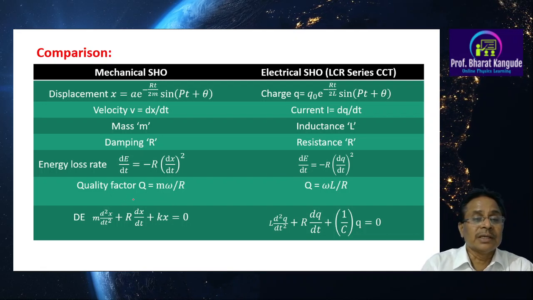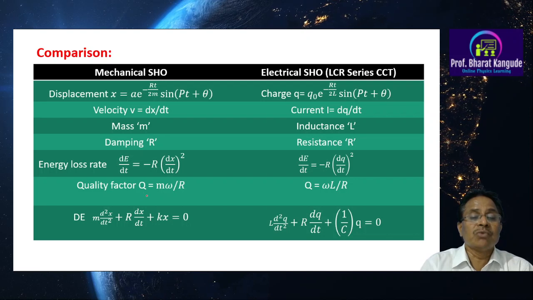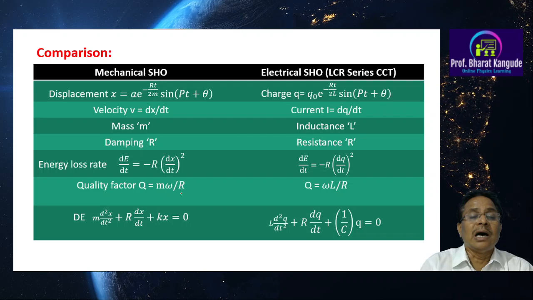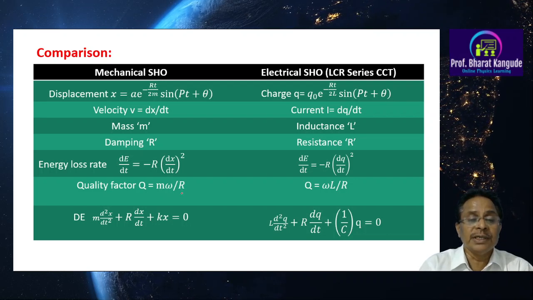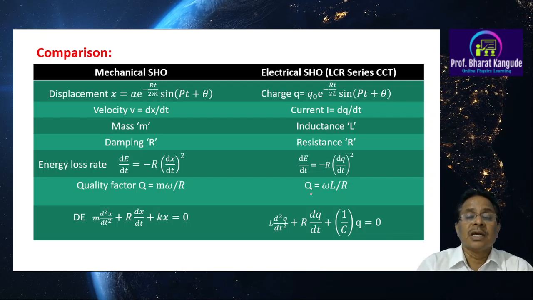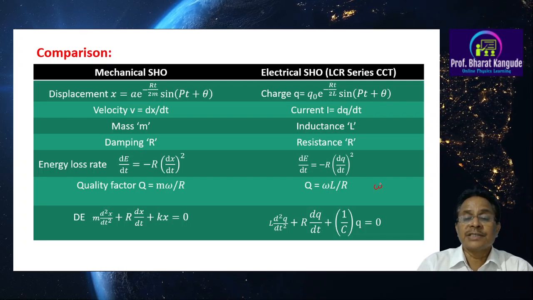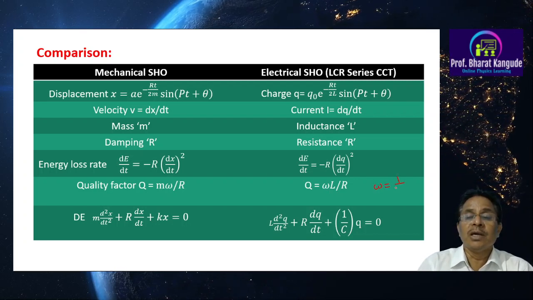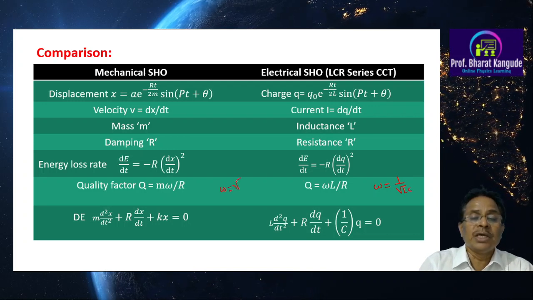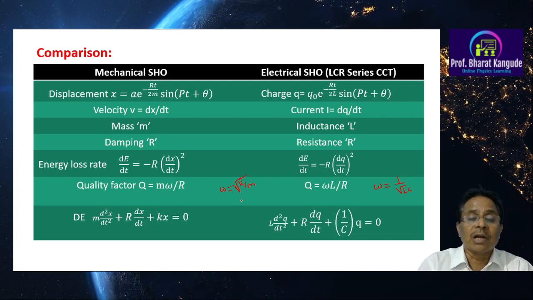Then the quality factor in the mechanical damped harmonic oscillator is given by Q equals m omega upon R, where m is the mass of the oscillator, omega is the angular frequency, and R is the damping coefficient. The equivalent relation for the electrical damped harmonic oscillator is capital Q equals omega L upon R, where the angular frequency is given by 1 upon root L into C, whereas in the mechanical case omega is given by root K upon M. These values we take from the free or undamped harmonic oscillators.